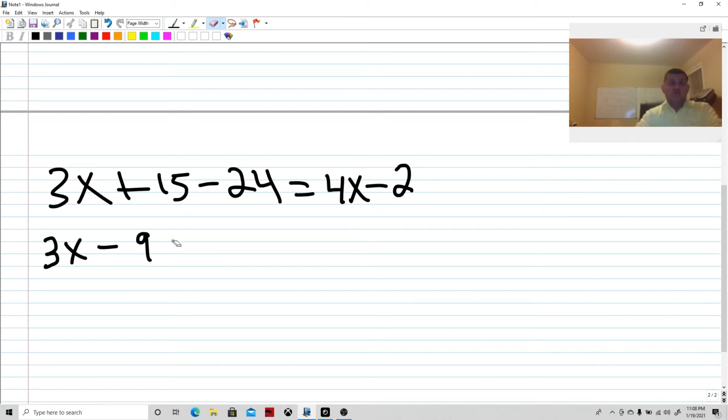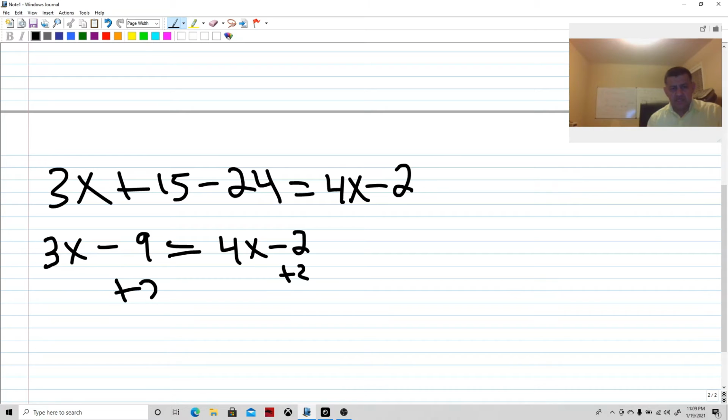All right, so 3x minus a negative 9 is equal to 4x minus 2, right? Then what I do is I just add 2 on both sides.